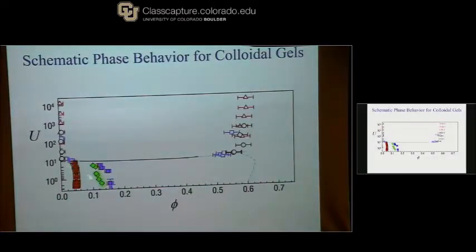So the way to think of this is the phase boundary, which is more complicated. This is the volume fraction, this is the interaction energy, this is the gel point, this is the spinodal line.